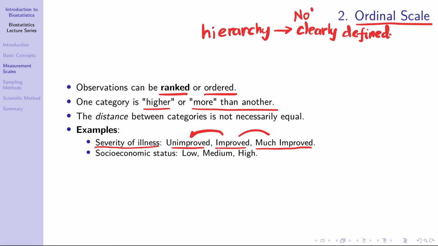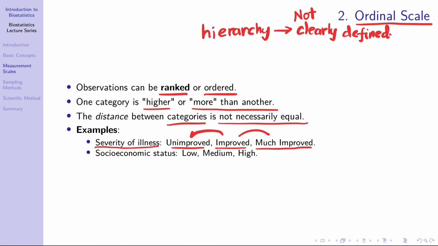Here, it is not. So even though we know that if somebody says it's much improved, it's also greater than improved, it's not evident how much it has improved. That is why we can say that the distance between these categories is not necessarily equal.